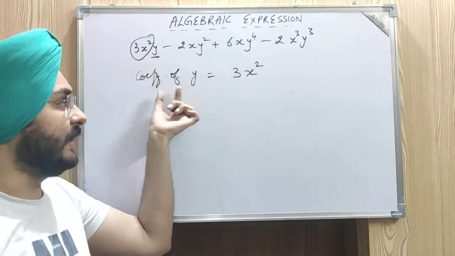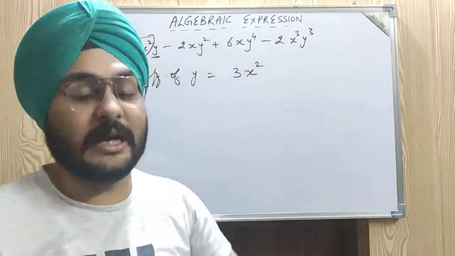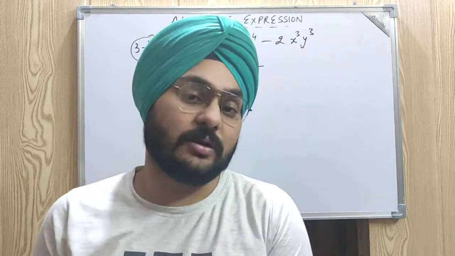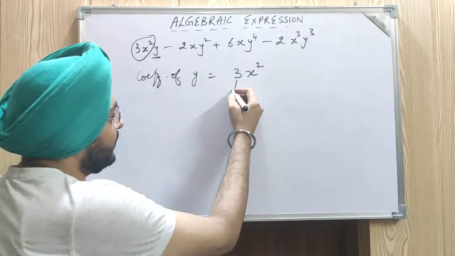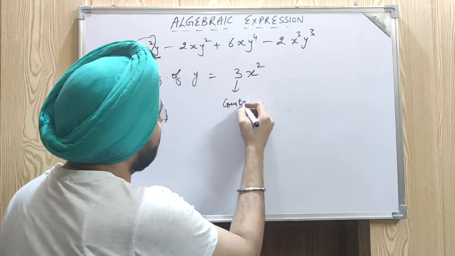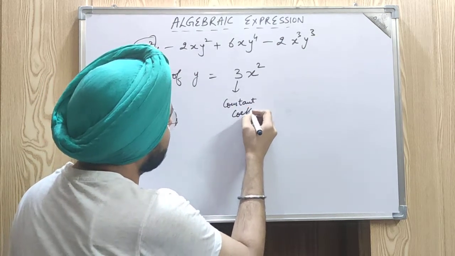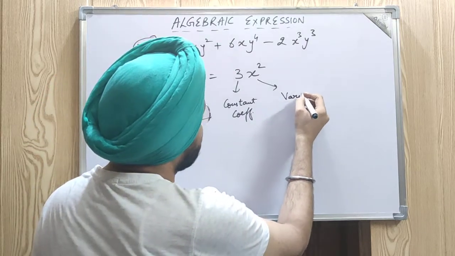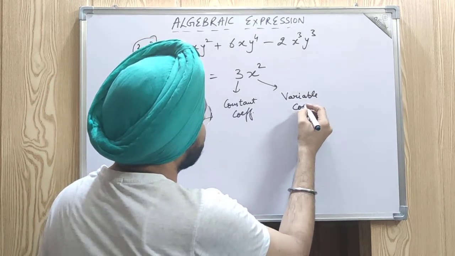But keep in mind this coefficient is further of two types: the constant coefficient and the variable coefficient. Here the constant is 3, so I will be saying it as the constant coefficient. And here this x square is the variable, so I will be saying it as variable coefficient.